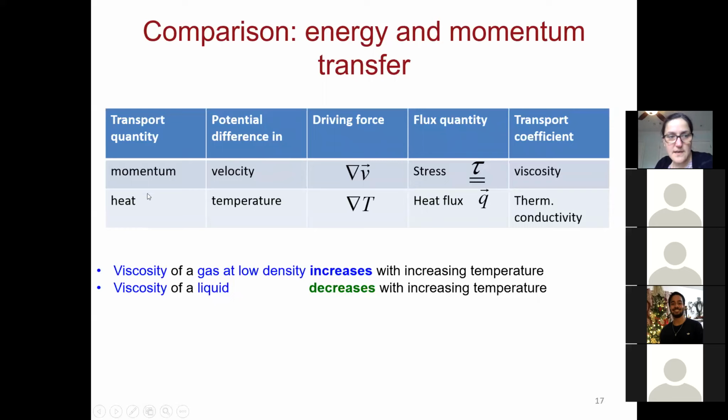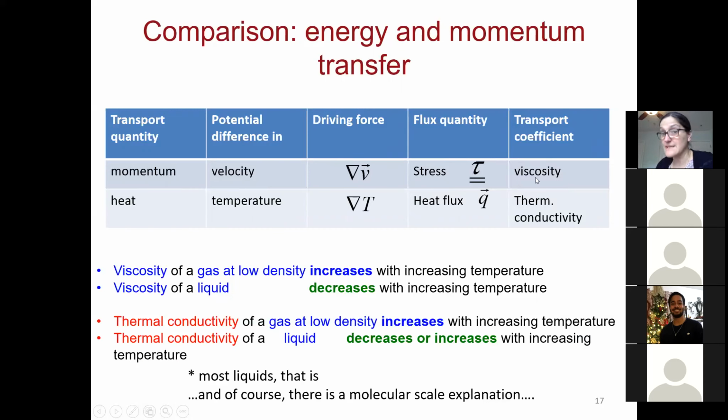So just as a comparison, in momentum transfer we were looking at the potential differences in velocity, and the driving force was the gradient of velocity. Since a gradient of velocity is a tensor, that gives us a flux expressed as the stress tensor, tau, and the transport coefficient in simple cases was viscosity. In some not so simple cases, we looked at effective viscosity. Now, the transported quantity in heat transfer is essentially energy, but we're quantifying it by potential differences in temperature, that's our driver.